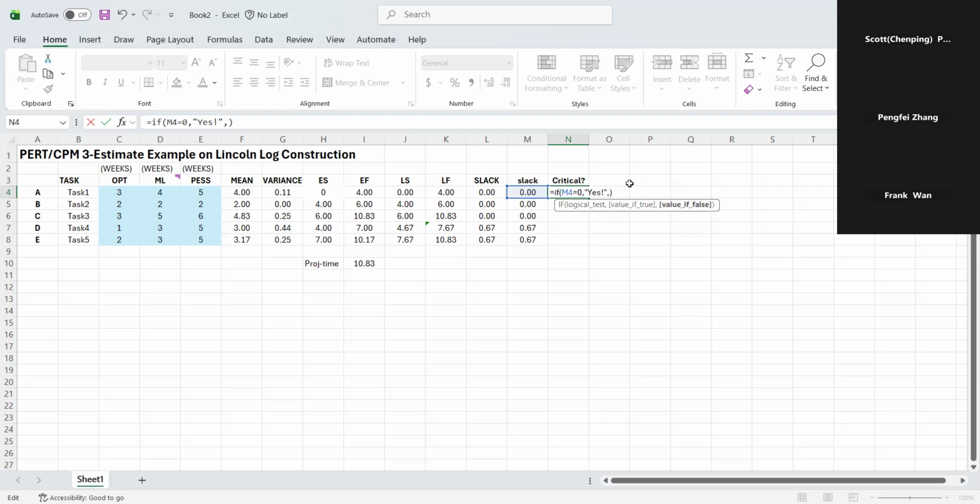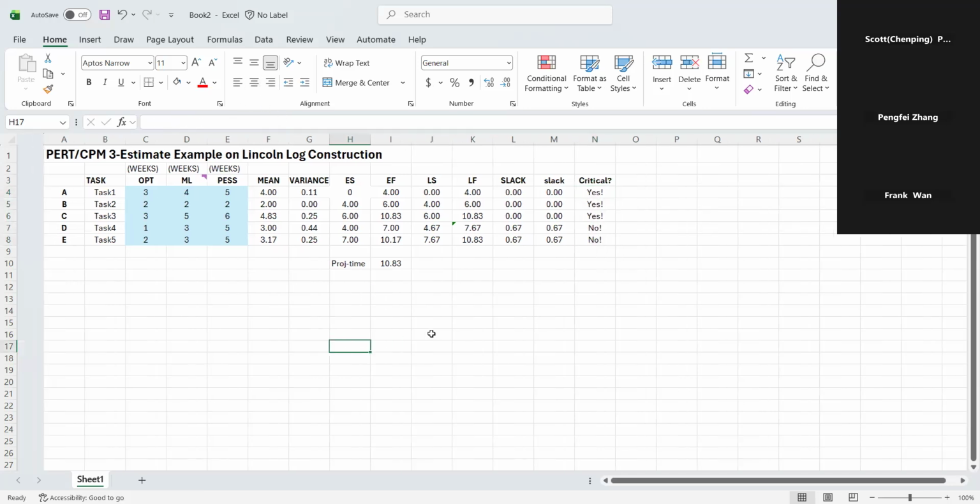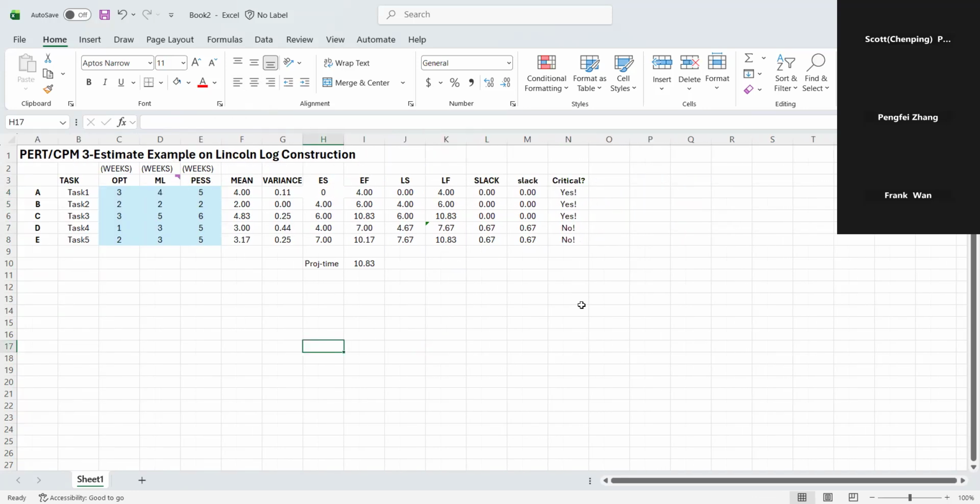Otherwise, we say no, it's not a critical activity. And then we just copy it down. This is just like the last class.